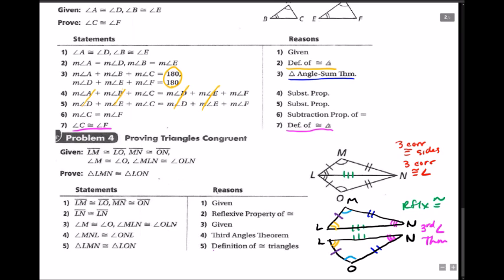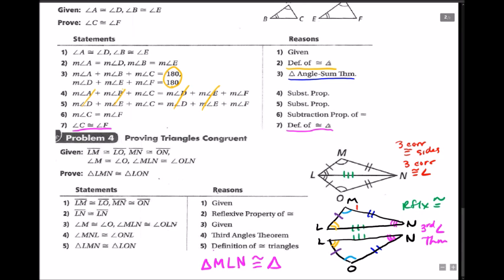All right, how did I tell you was the easiest way to write your congruence statement? You can start at any vertex and go in any order, as long as you don't lift your pencil. You just go around the figure. I am going to say that triangle, where would I start? M, and then I would go to L, and then I would go to N. Why did I go in that order?